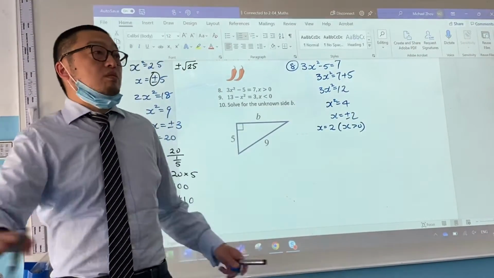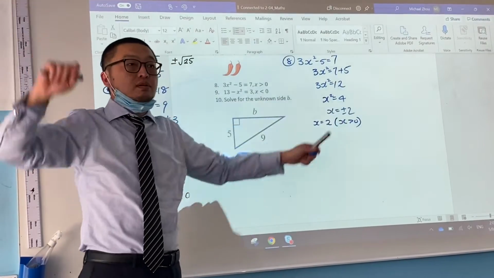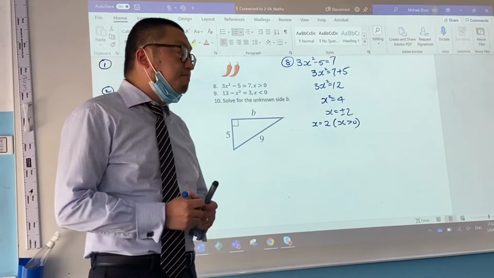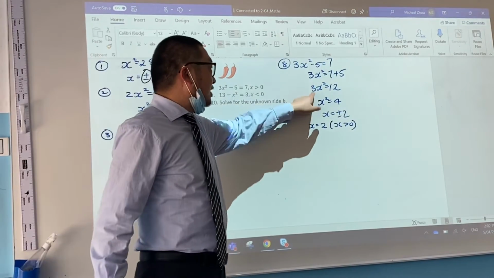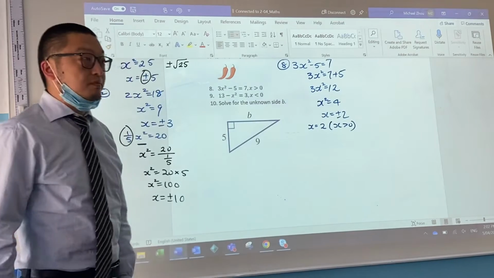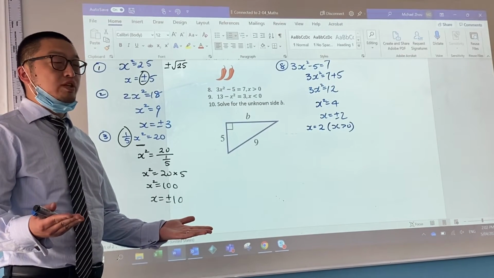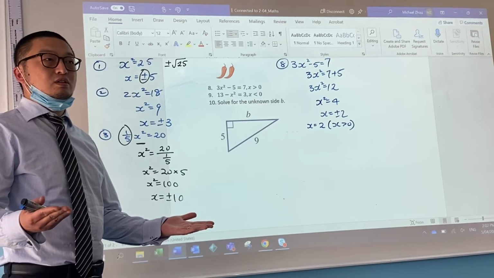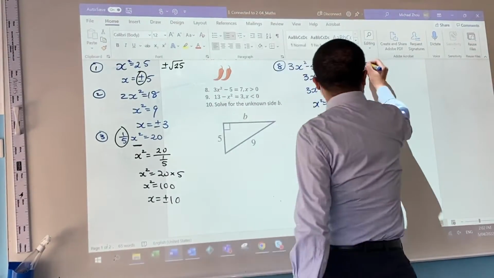But if the question doesn't have that condition, obviously you leave 2 possible answers. All good? How did I get 4? 3 times what is 12? 4. Excellent. Okay, move on.